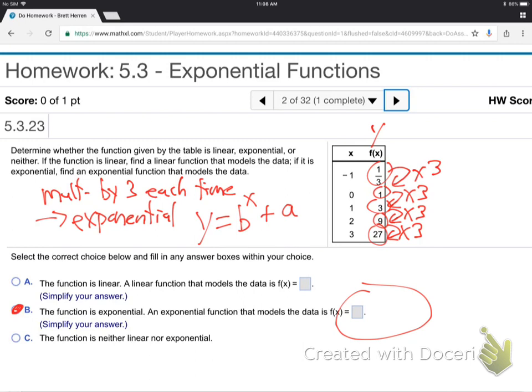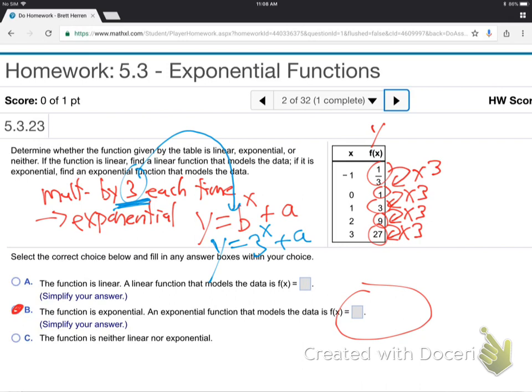Well, basically, whatever number you're multiplying by each time, that's your base. So it's y equals 3 to the x plus a. So far, so good.